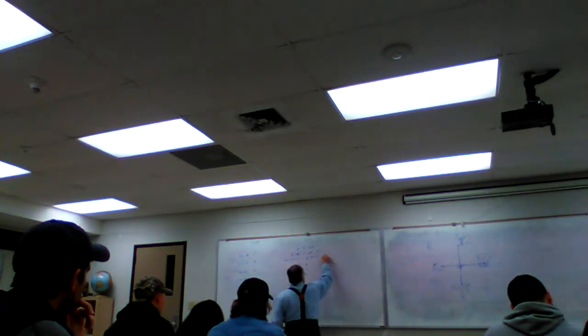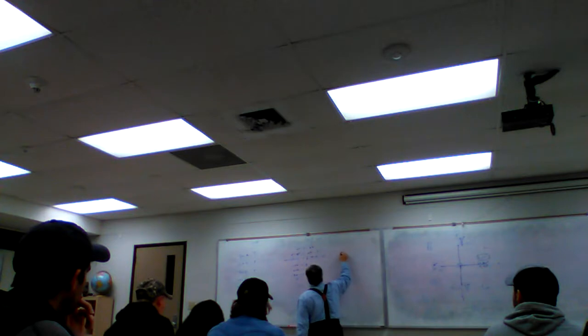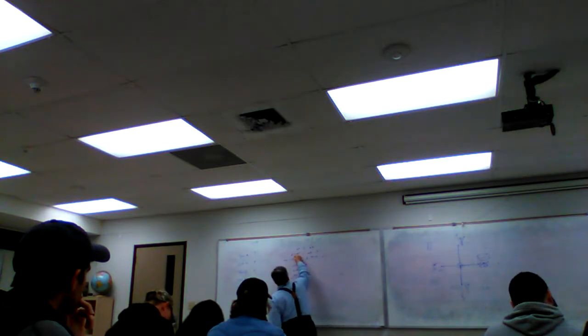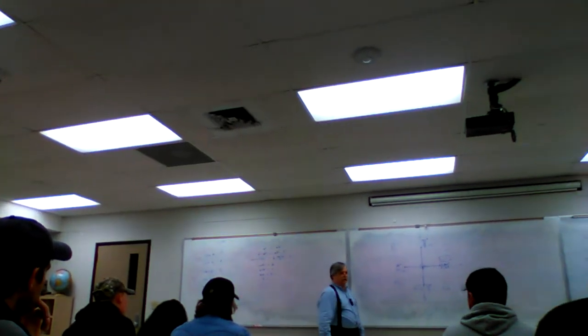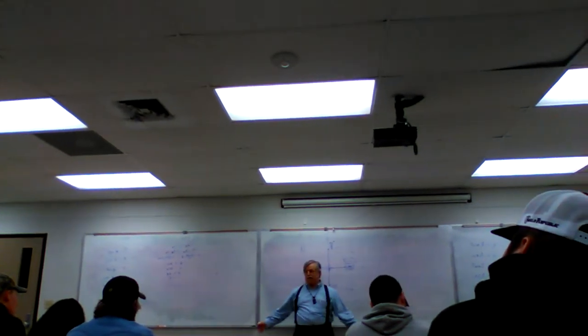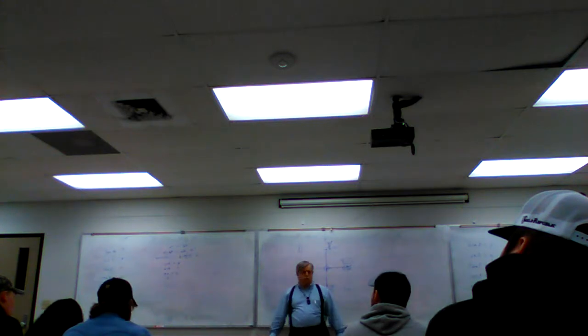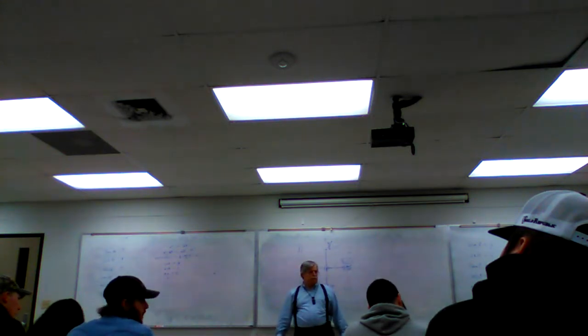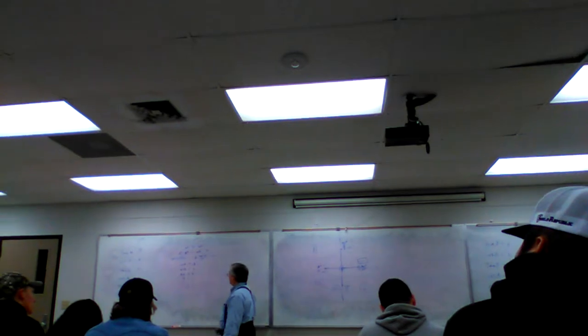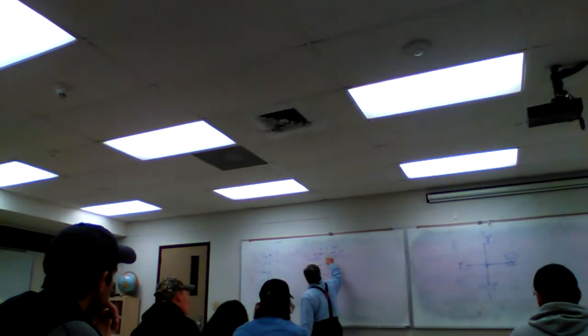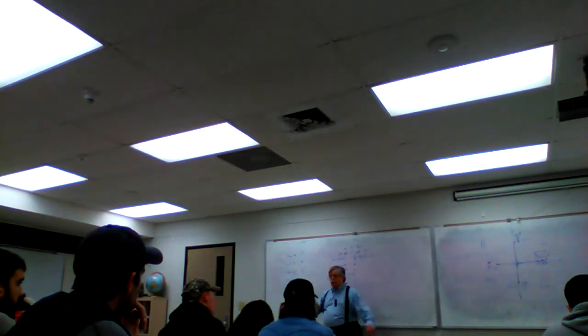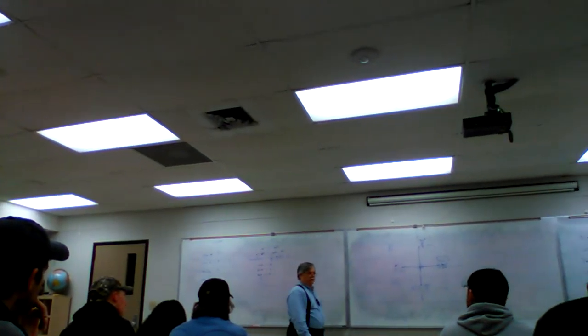So at this point right here, all we're saying is that something times 0 is equal to something else times 0, and that is universally true because 0 times anything is 0. So at that point, this and this are irrelevant. It doesn't matter what they are equal to.